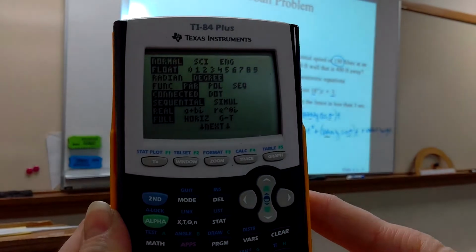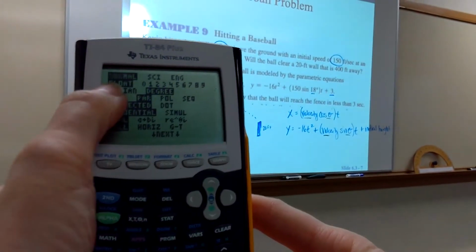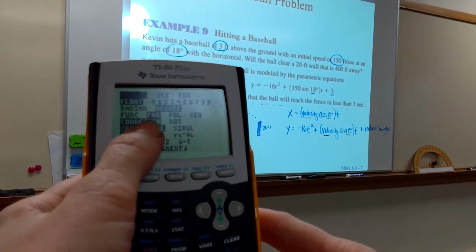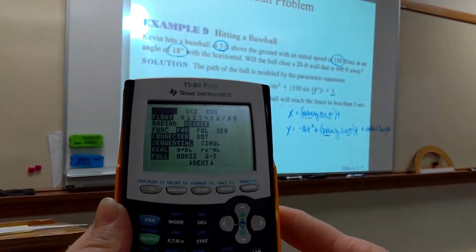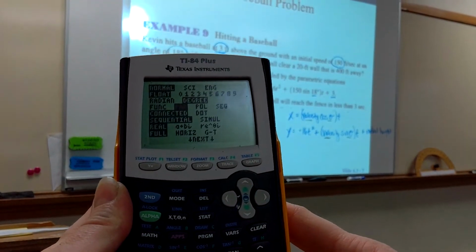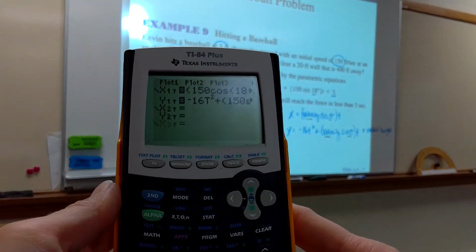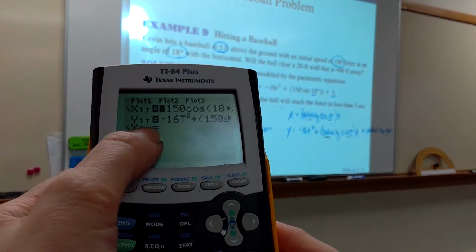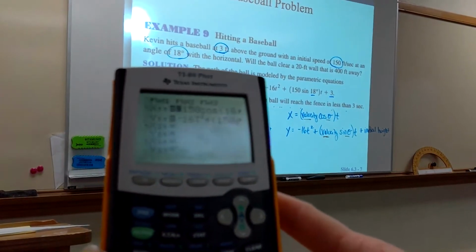I'm going to go to mode, and here we have function and also parametric, if you can notice in your calculator. So I'm going to change function over to parametric, arrow down and highlight parametric. And then when you hit your y equals, you have x in terms of t and y in terms of t, so you can type in these equations.